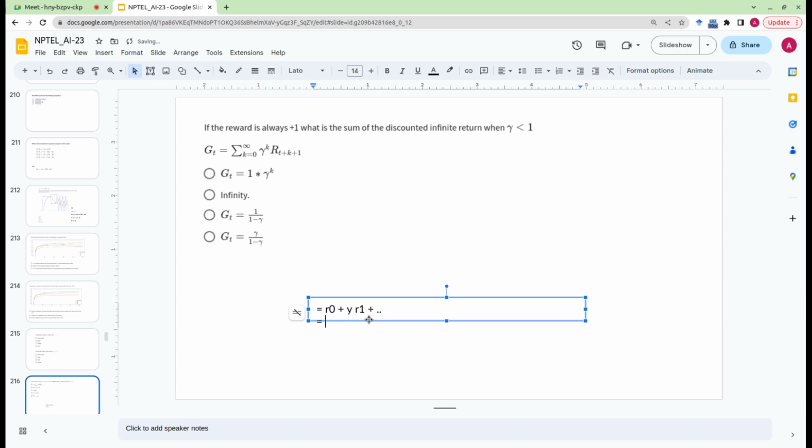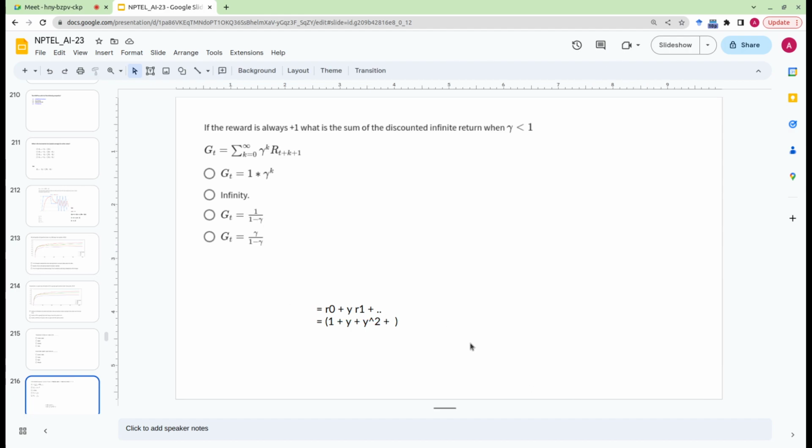I can take R1 common, and then it will come to something like 1 plus gamma square plus gamma cube plus that. So it's a geometric progression, and the sum is a by 1 minus r. Here a is 1 and r is gamma, since each time it is increasing by gamma. So the third option is going to work out.